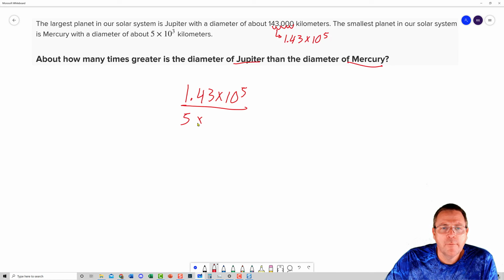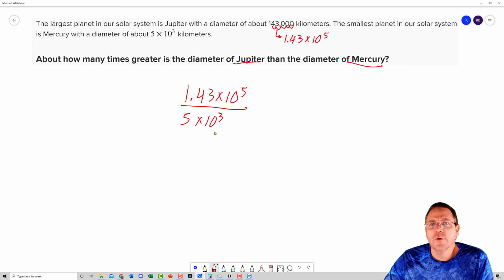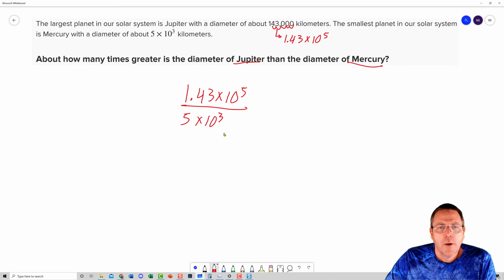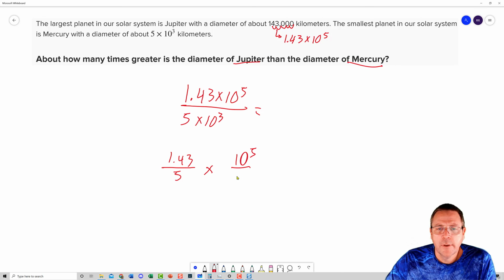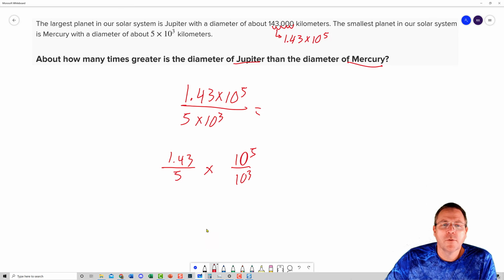Mercury, 5 times 10 to the 3rd, is going to go on the bottom. From there, we're going to break down the pieces, which means I'm going to have 1.43 divided by 5 times 10 to the 5th divided by 10 to the 3rd.